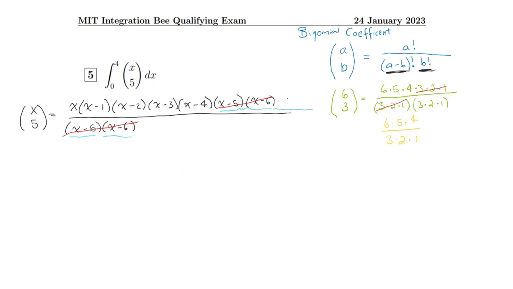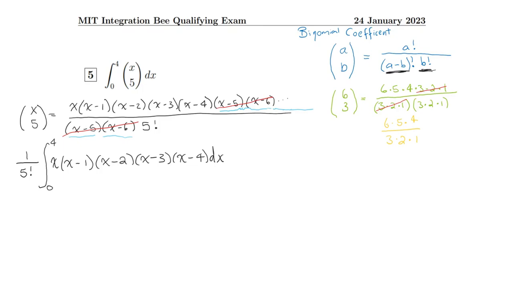In this case, b is equal to 5, so this will be 5 factorial. So we can rewrite our integral: 1 over 5 factorial times the integral from 0 to 4 of x times x minus 1 times x minus 2 times x minus 3 times x minus 4 dx.